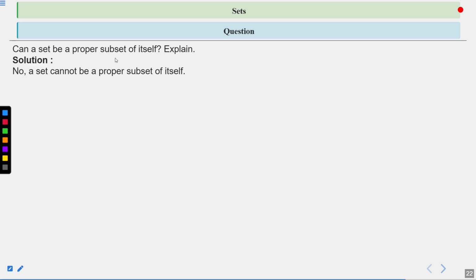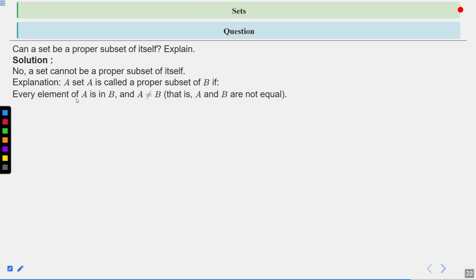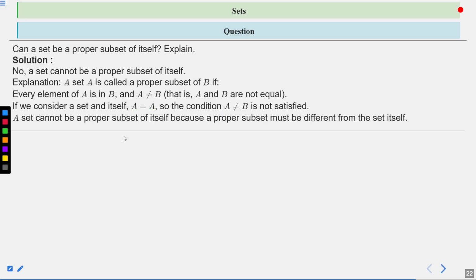No. A set A is called a proper subset of B if A is a subset of B and A is not equal to B. So if we consider A itself, the condition A not equal to B is not going to be satisfied. So we cannot have a proper subset of itself. Clear?